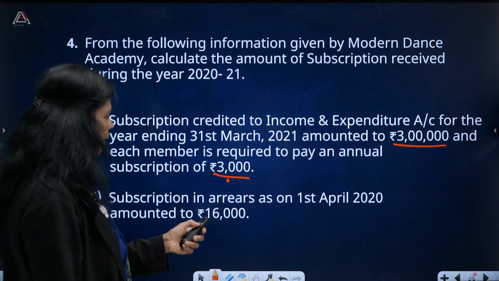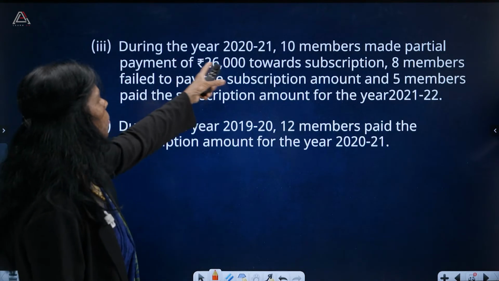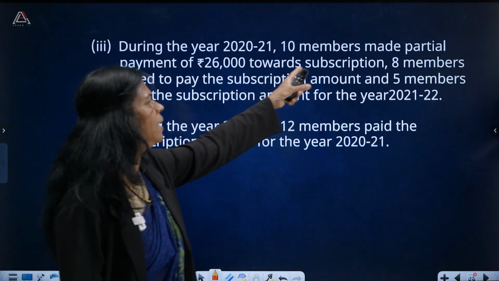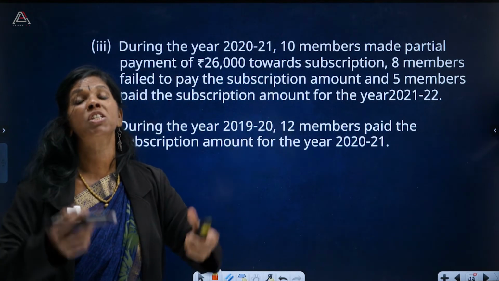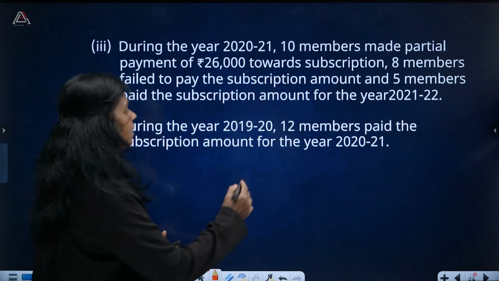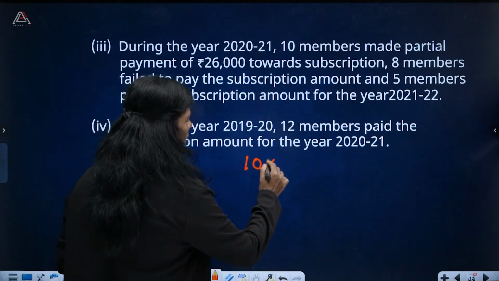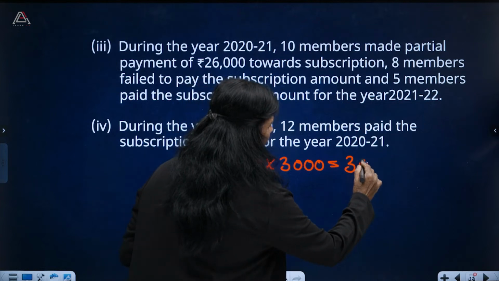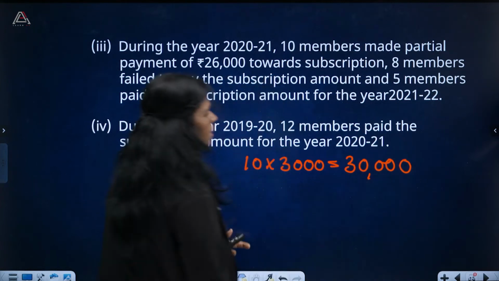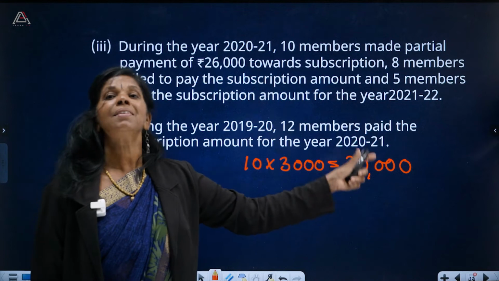Okay, then see, during the year 2020-21, 10 members made partial payment. Actually, how much is the amount received from 10 members? See, 10 into 3,000, that is 30,000.